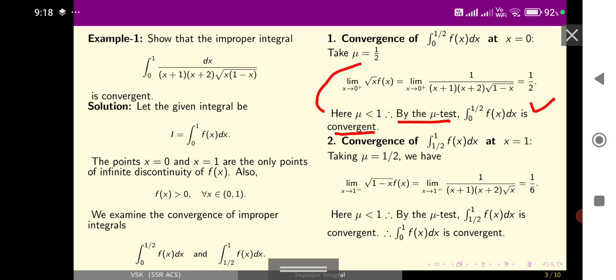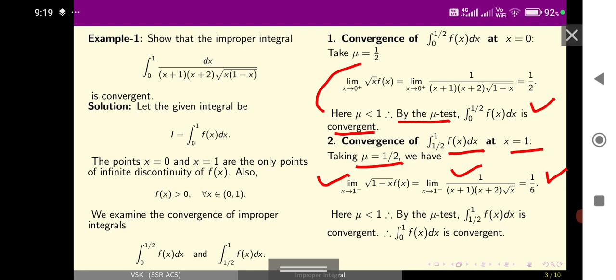Now let us check the convergence of the integral from 1 by 2 to 1 of f(x) dx at x is equal to 1. Here also we take mu is equal to 1 by 2 and we find the limit as x tends to 1 minus of under root 1 minus x into f(x). And we obtain the limit as x tends to 1 minus of 1 upon (x plus 1)(x plus 2) under root x, which is equal to 1 by 6, which is again a finite non-zero quantity.